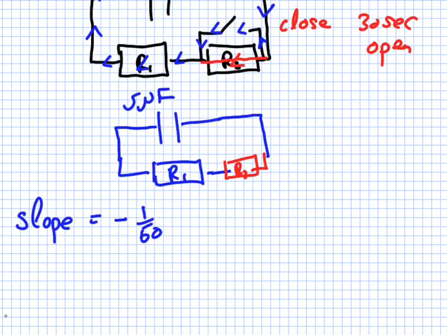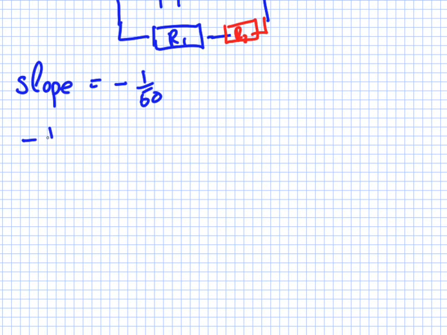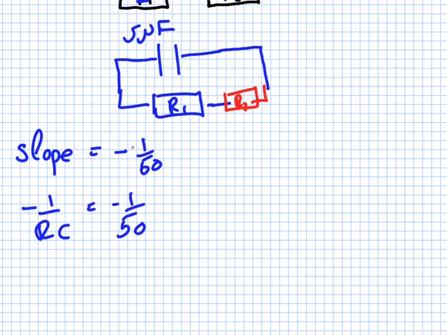So then here, I can say, minus 1 over RC equals minus 1 over 50. So, you get that RC equals 50. So then the R equals 50 over C. And what's the C? 5 micro.